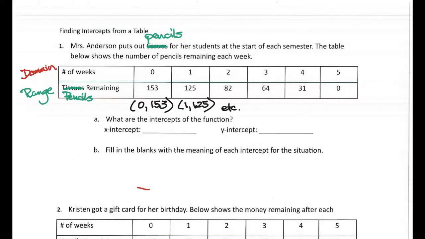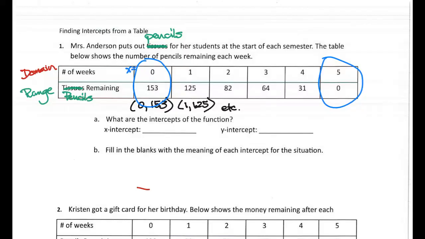All right? Anytime you see a pair that has zeros, those are your intercepts. Those are your intercepts because there is a 0 in either the x-coordinate or y-coordinate space. So here, my x is equal to 0.